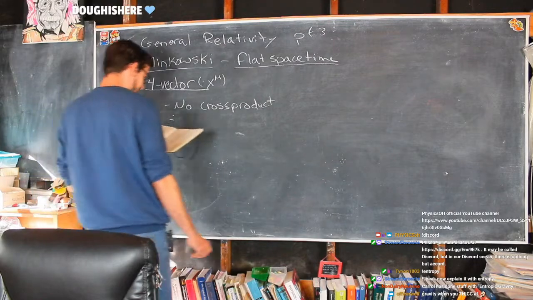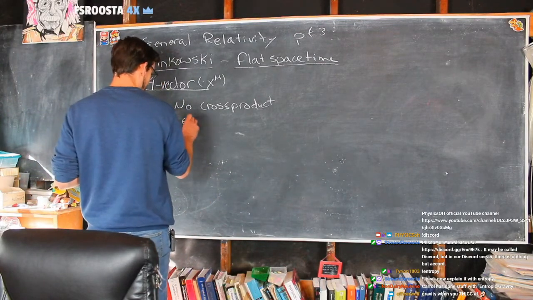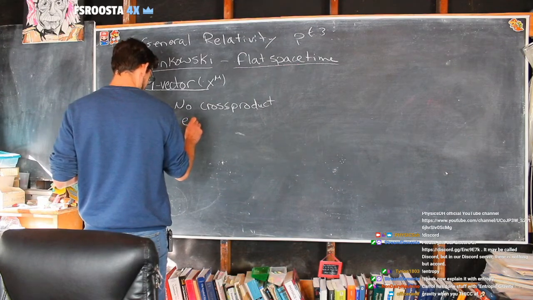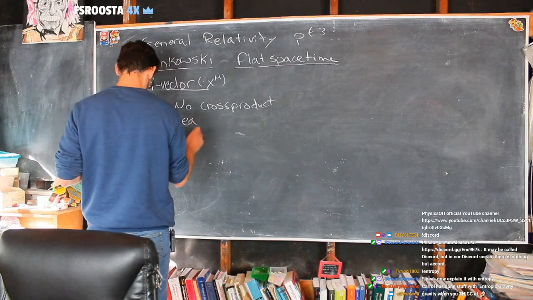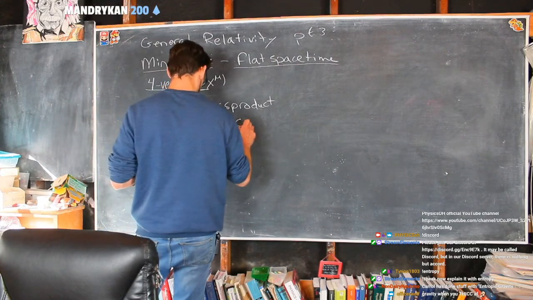So there's no cross product, and each of these is located at a point in space-time.